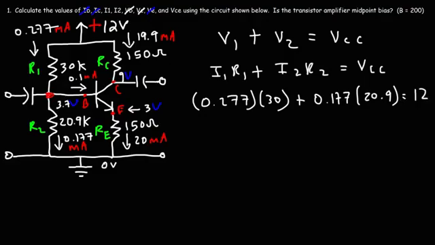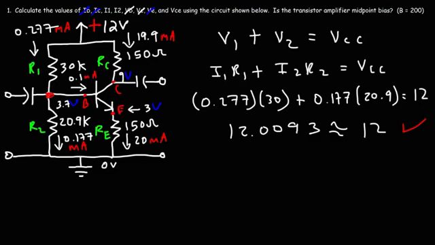So 0.277 times 30 plus 0.177 times 20.9, that's equal to 12.0093, which is approximately equal to 12. And so this tells us that our math is correct. Everything that we have is good.